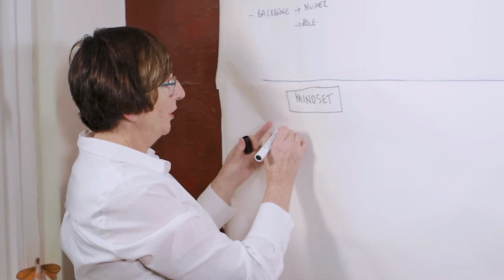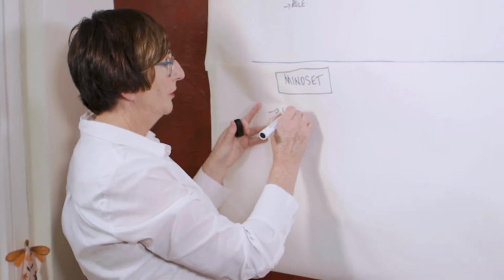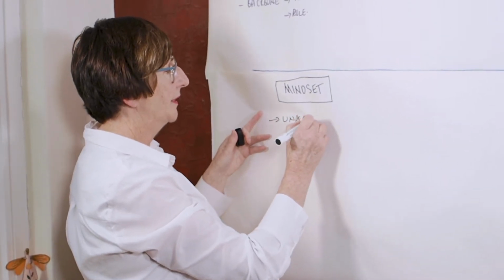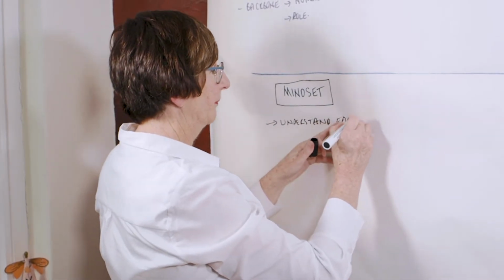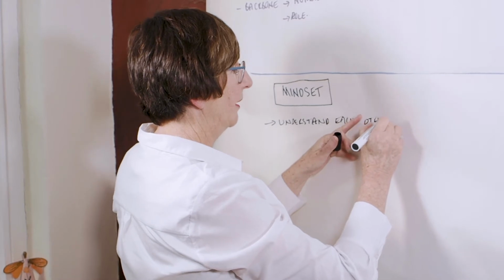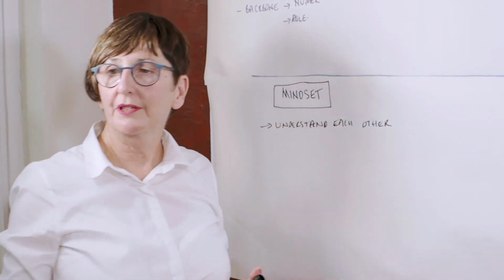This area here, which is about mindset, the work that you're doing is you're working to try to understand each other. So you're trying to work out where everybody's coming from.